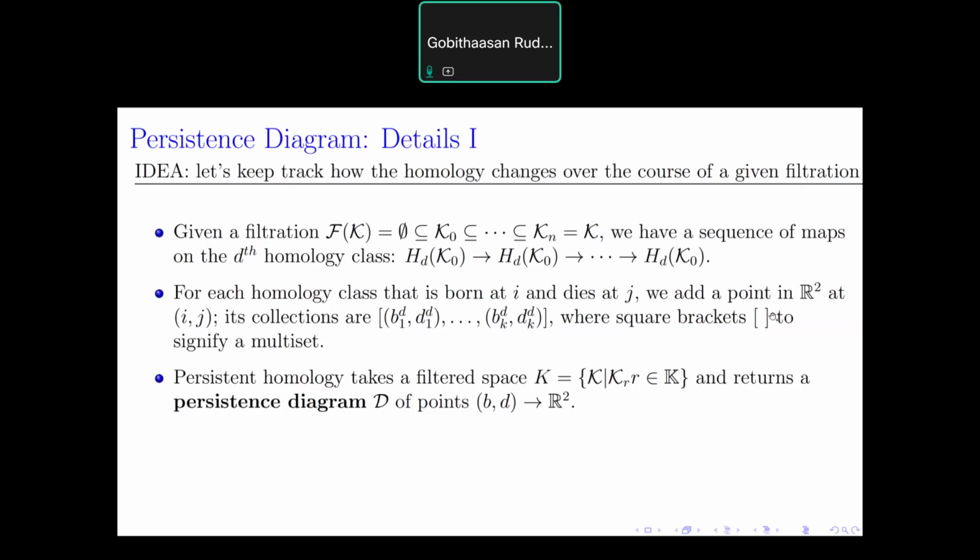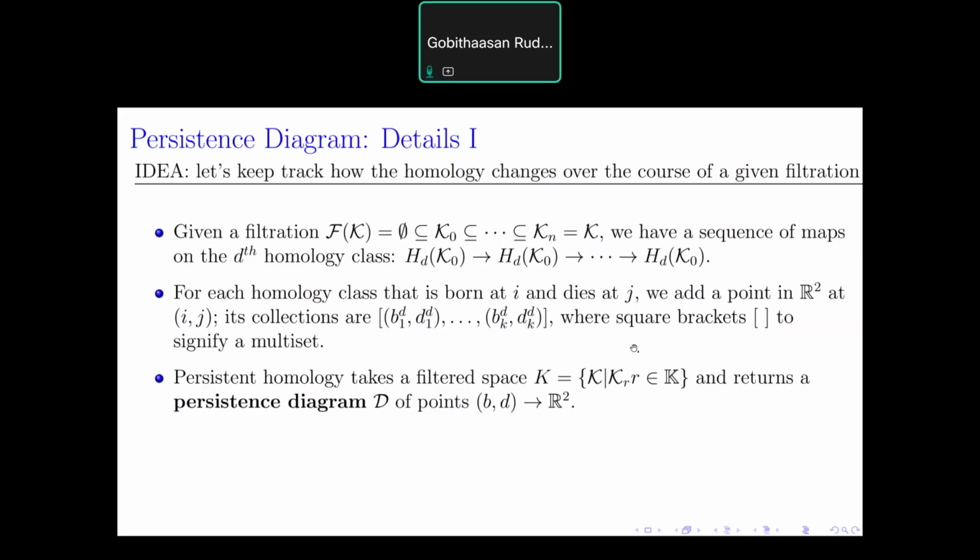So similarly here, we keep all the collection of the points, the birth and death points of the homology class, which we then represent using the persistence diagram.